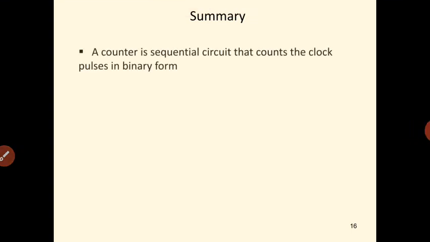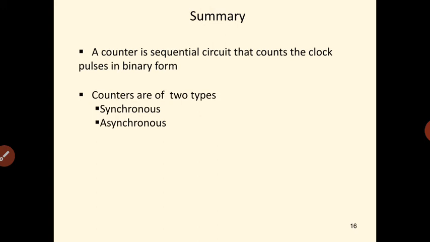So overall summary: a counter is a sequential circuit that counts the clock pulses in binary form, and counters are of two types based on how you are applying the clock input to the counter circuit: asynchronous counters and synchronous counters.